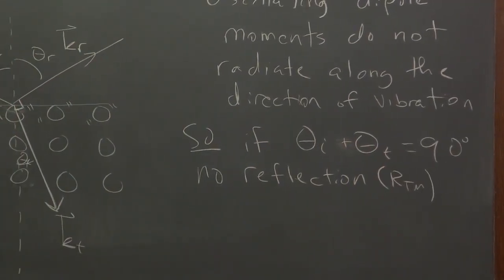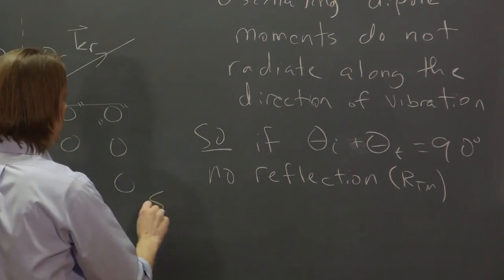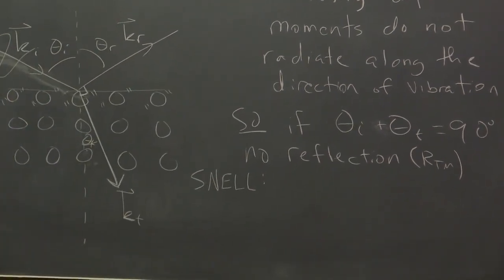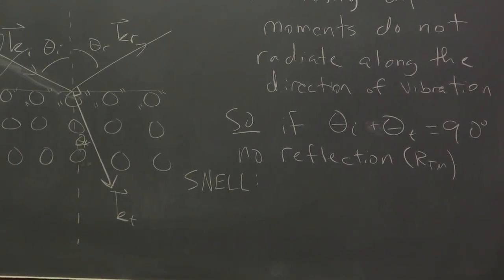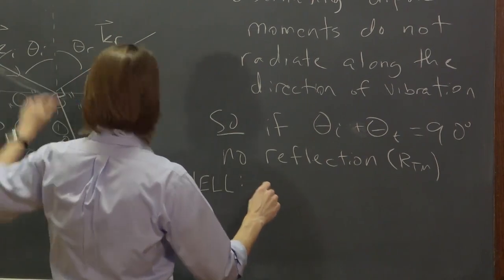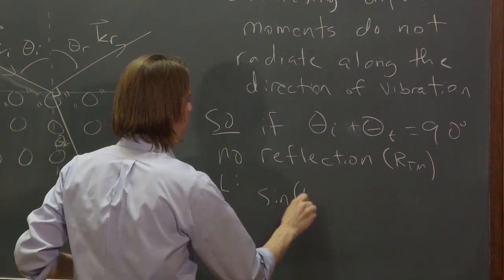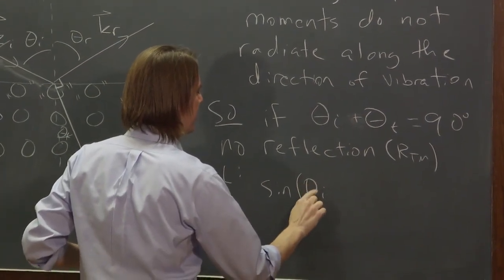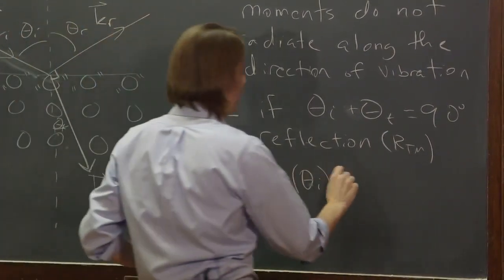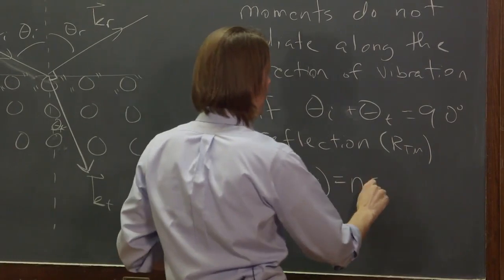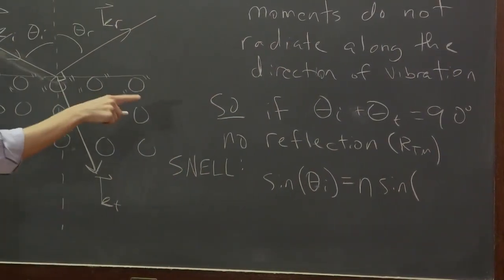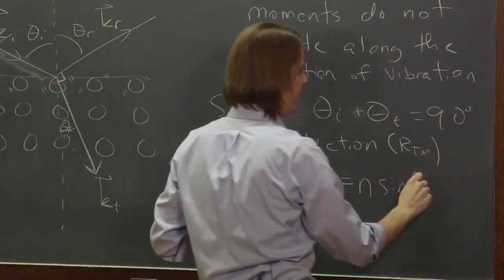So then to get a nice expression for it, you just apply Snell's law. Snellius, I believe is his actual name. And you get that sine theta I. So Snell's law for just air glass was that sine of theta incident, because n equals 1 on this side, equals n times the sine of theta transmitted, but theta transmitted is 90 minus theta incident in this special case.